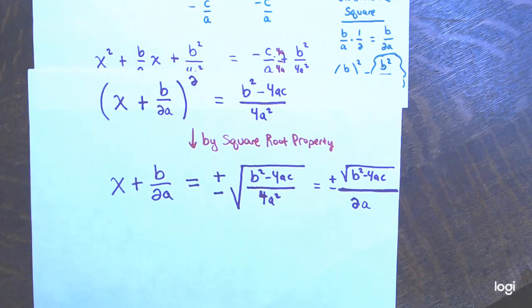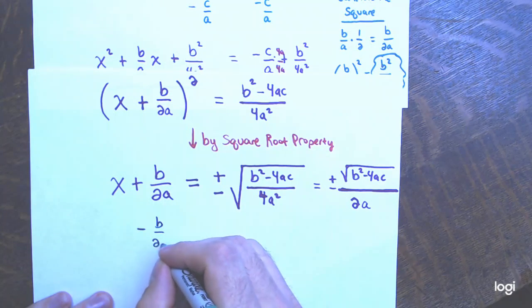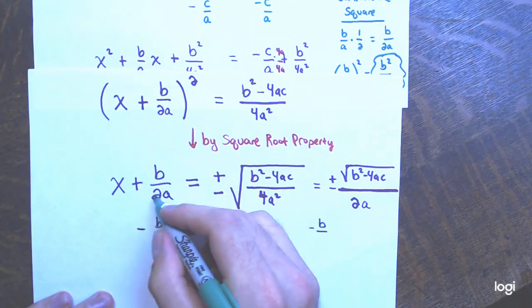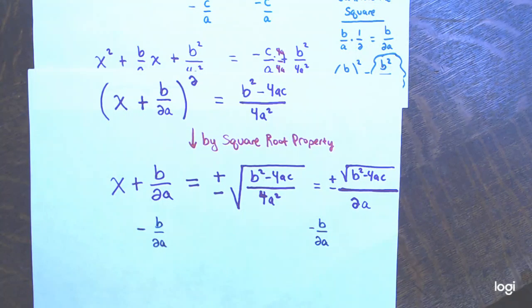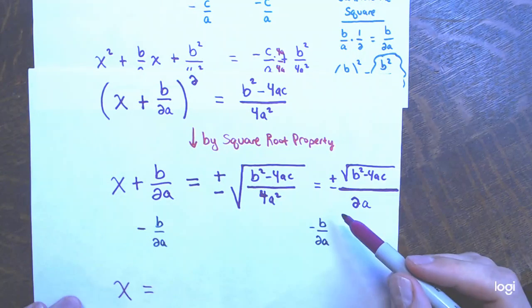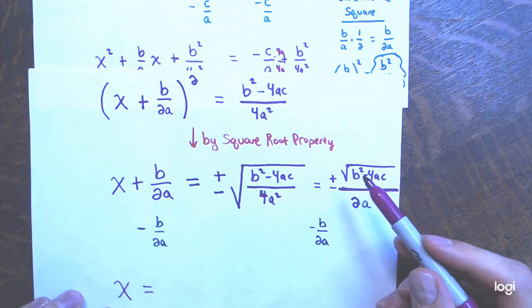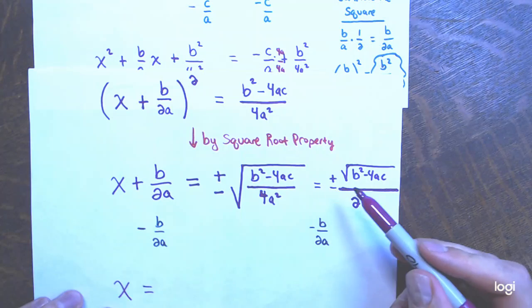All right, and then finally, to get x alone, I know this is a lot, lots of letters, lots of crazy math going on, but this is the most important part to remember here at the end. I'm going to solve for x, get x alone. I'd be subtracting this b over 2a from both sides. So on the left side I have x equals, and then over here I'm adding these two fractions: negative b over 2a plus this crazy fraction, and negative b over 2a minus this fraction as well.